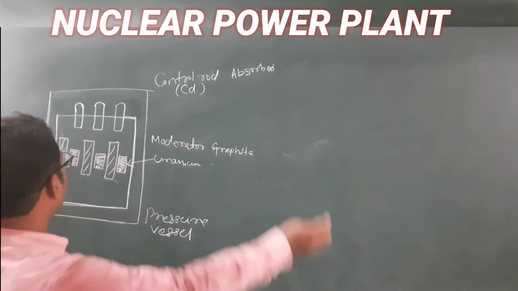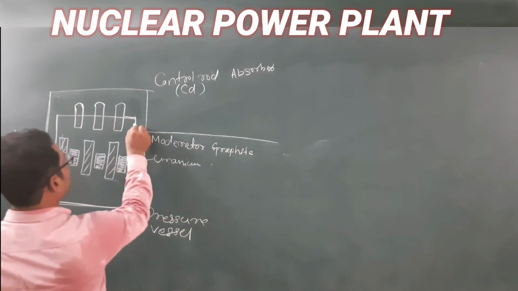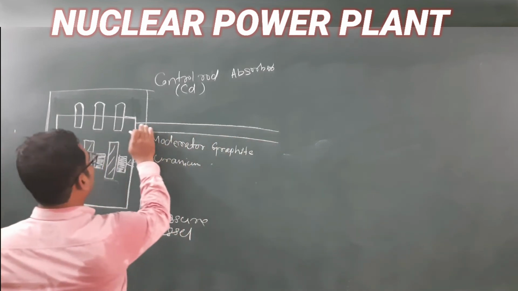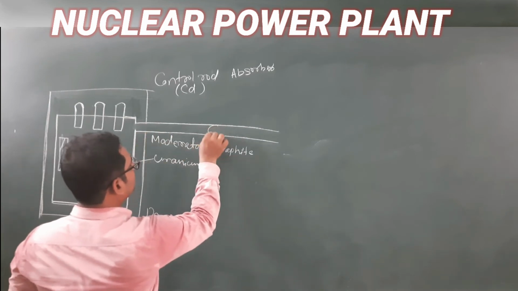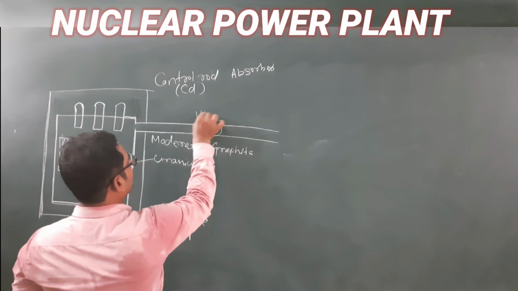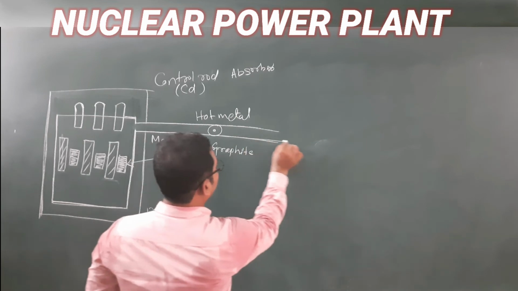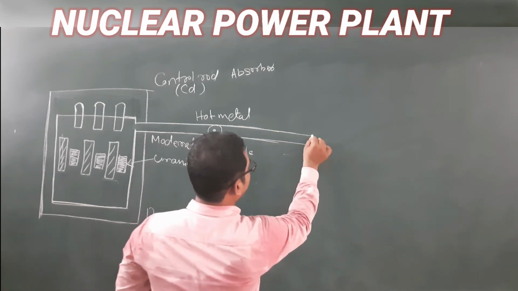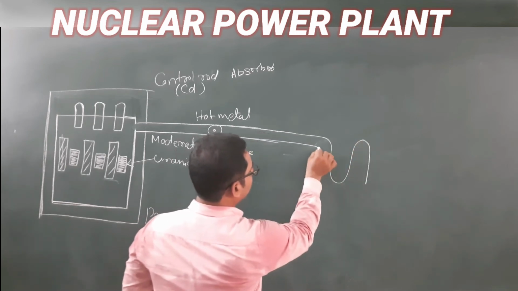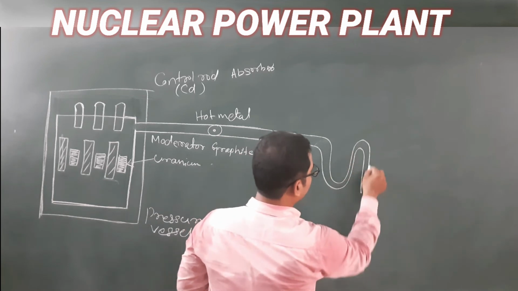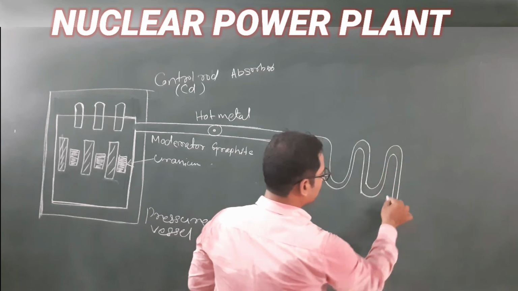Okay. So what happens here? Here the hot metal will flow, and it will get into the heat exchanger. In the heat exchanger, it will flow here inside the heat exchanger. Okay.